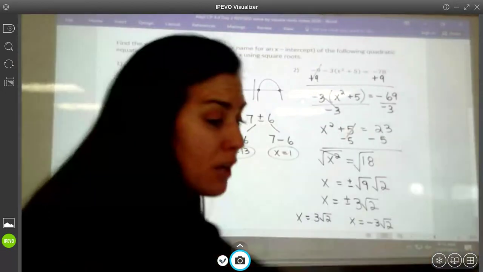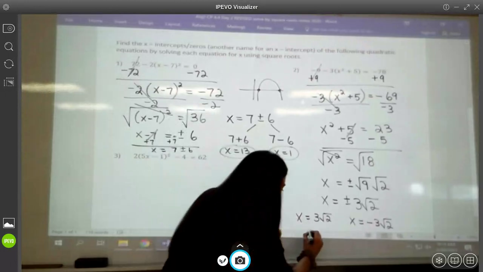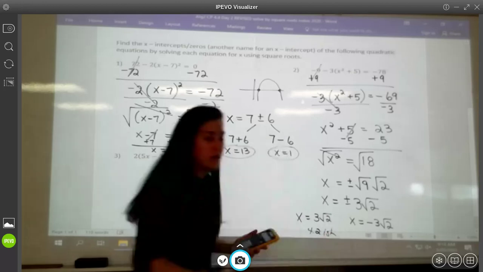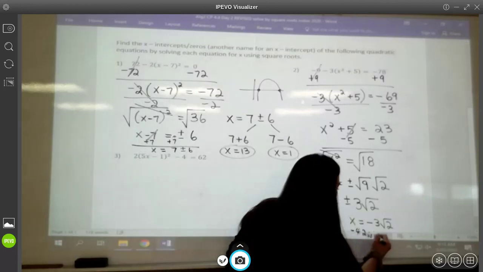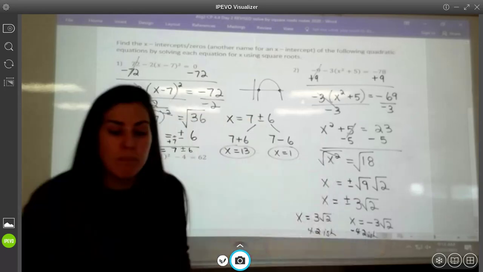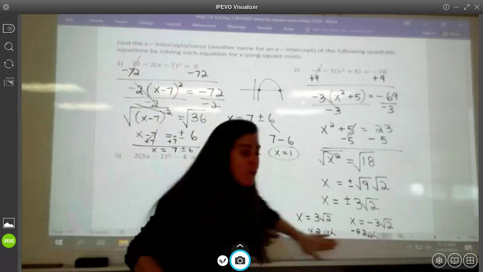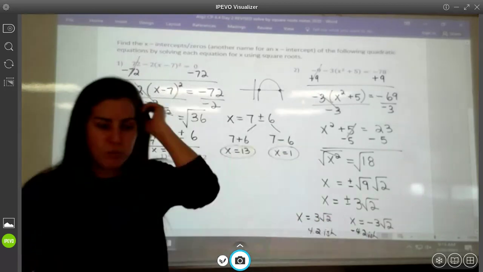It just keeps going and going. It doesn't end, it doesn't repeat. It's just a really ugly decimal, but it's about 4.2-ish, and then the other would be negative 4.2-ish, if you had to picture where that number is on an x-axis. But we don't want rounded answers, because they won't make it true. Only the exact simplified answers will.